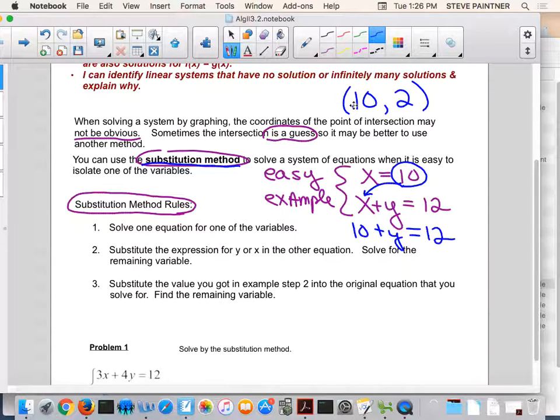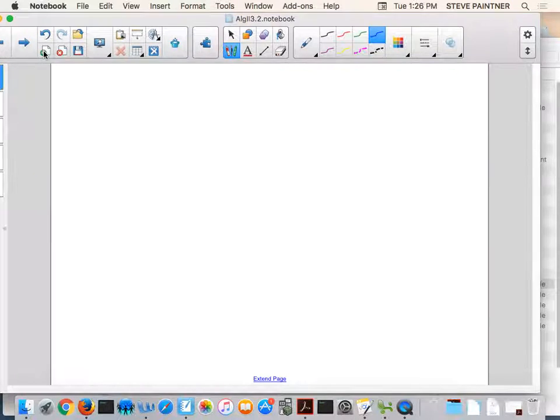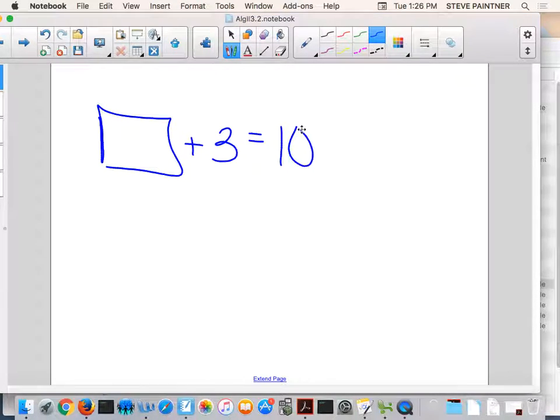You know what? They did that kind of stuff in first grade with you guys. You guys know you were doing algebra back in first grade? Second grade? Watch this. Back in second grade, they probably did this to you: a box plus 3 equals 10, and then you stuck the number in. What'd you put? 7. Well, guess what? By the time you got to like 8th grade, they went like this.